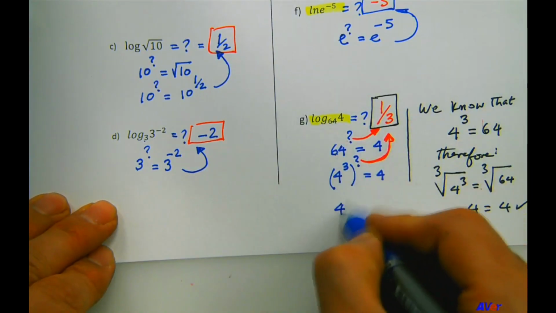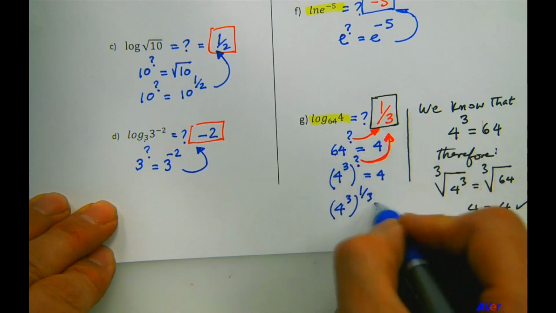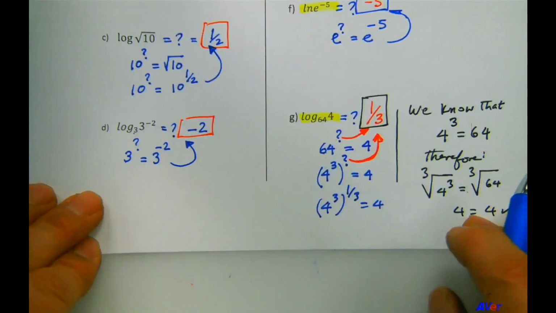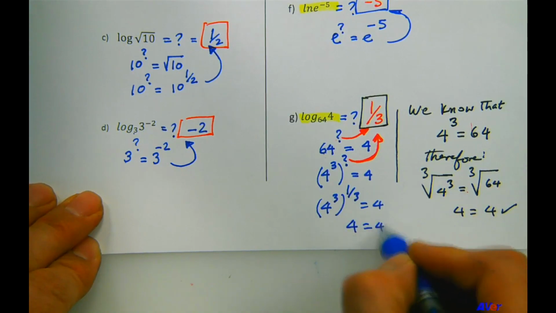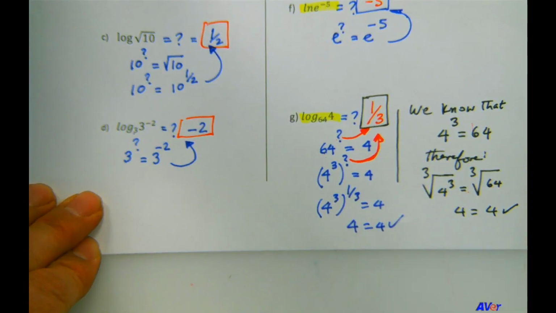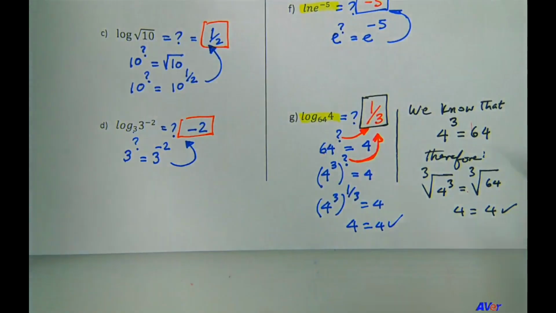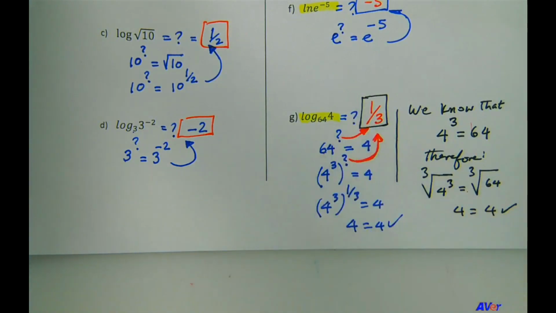So if you have 4 cubed to 1/3 power, which is what we have, right? 1/3 times 3 is 1, right? So we end up with 4 equals 4. Okay? But all you need to remember is that, and then you'll get to that answer. But this is another way of getting that answer. Either this or that will lead to that answer. Okay?